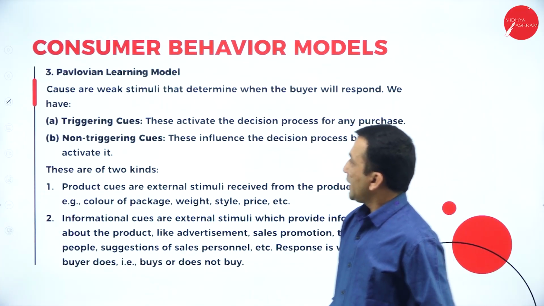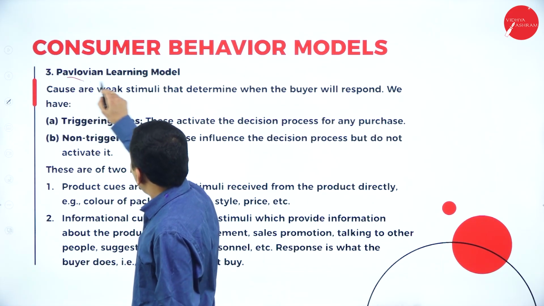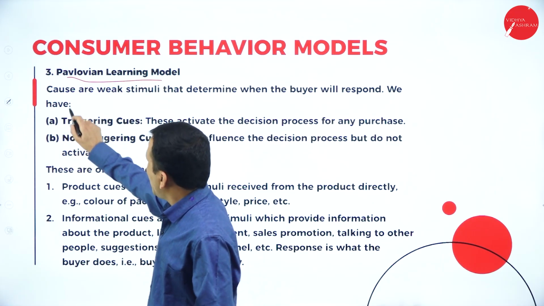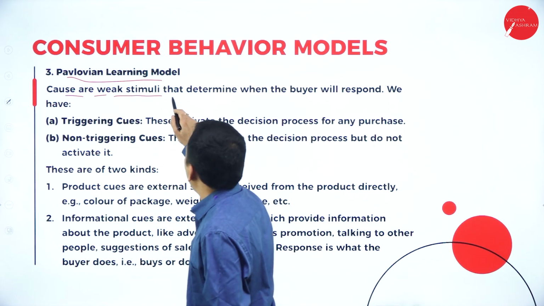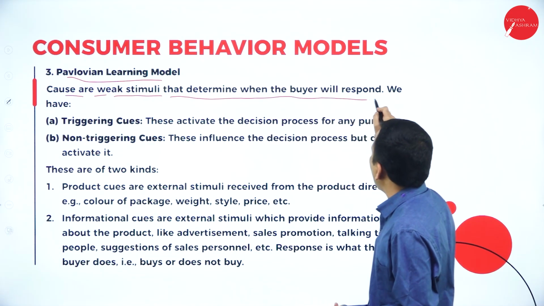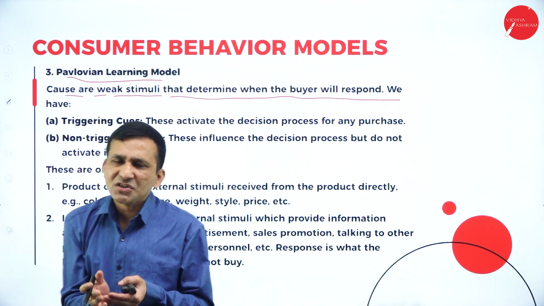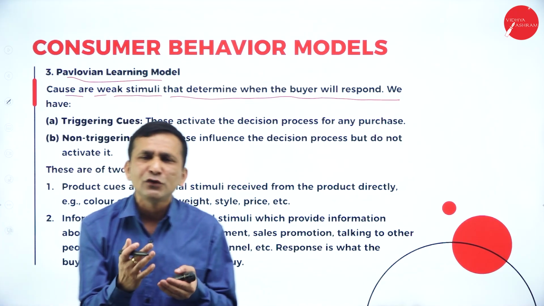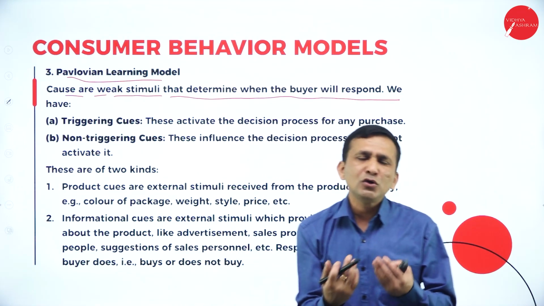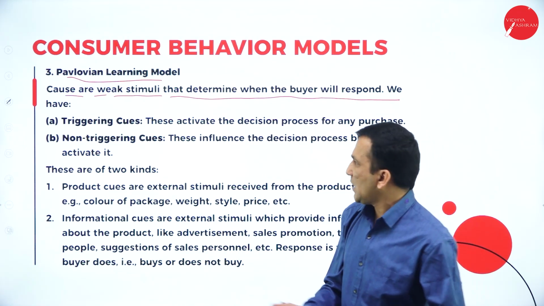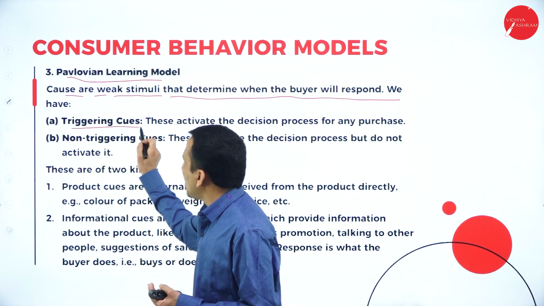Moving forward, next a Pavlovian learning model continues here. The causes are weak stimuli that determine when the buyer will respond, because of encouragement or motivation. If you try to focus, you are able to identify a number of causes here. The first one, triggering clue.